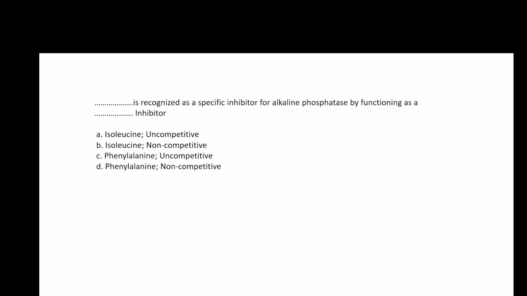Next we have, this is recognized as a specific inhibitor for alkaline phosphatase by functioning as a, so alkaline phosphatase I mentioned, phenylalanine, which is an uncompetitive inhibitor because it binds to the enzyme substrate complex. So phenylalanine is the specific inhibitor for alkaline phosphatase and functions as an uncompetitive inhibitor. So this will be the answer.